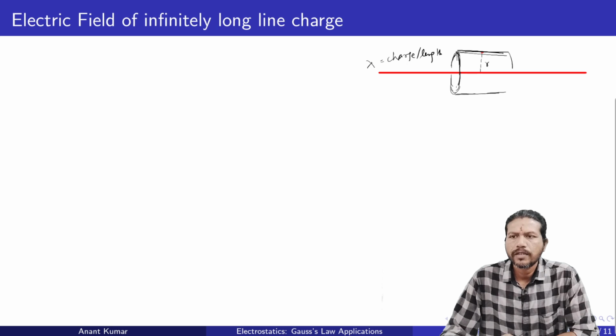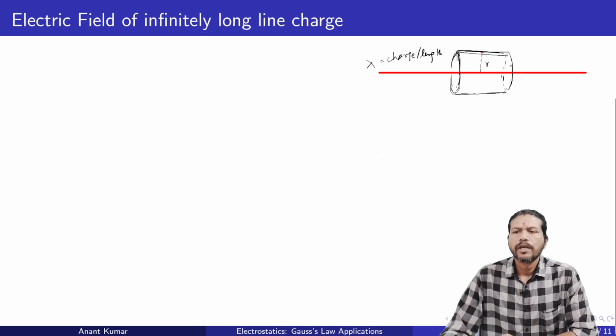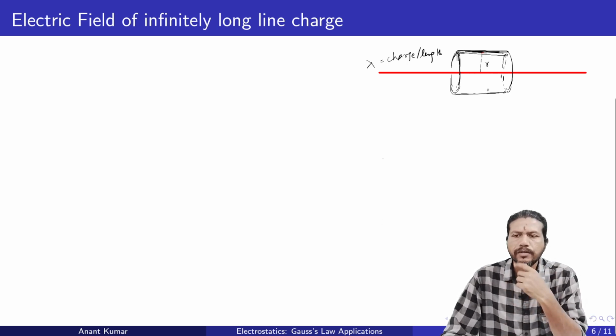So if I consider a Gaussian surface like this, a coaxial cylinder, what we notice is that the electric field in this case by symmetry should be only radially outward from the line. It cannot have any component parallel to the line, for example. It has to have only one component which is radially outward. In fact, we can prove this, not very difficult actually.